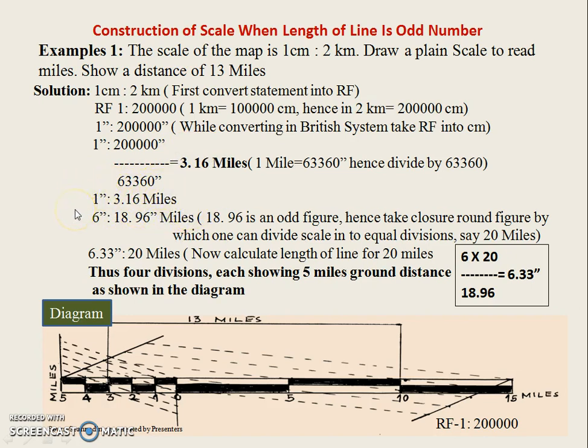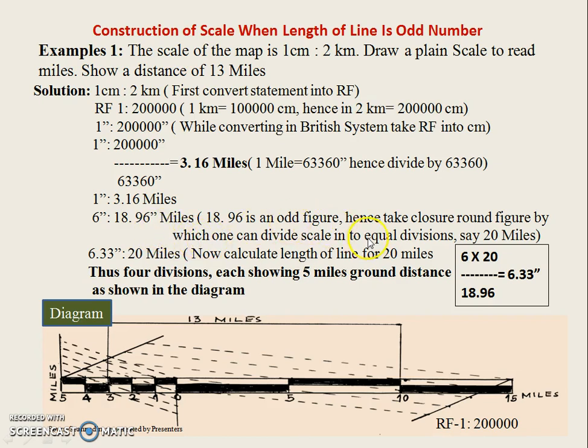Decide length of line as 6 inches. Then calculate ground distance in miles for 6 inches. So 6 inches multiplied by 3.16 miles. Answer is 18.96 miles. This is an odd number.